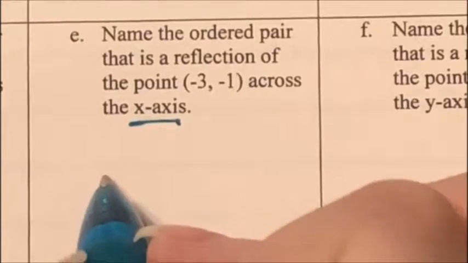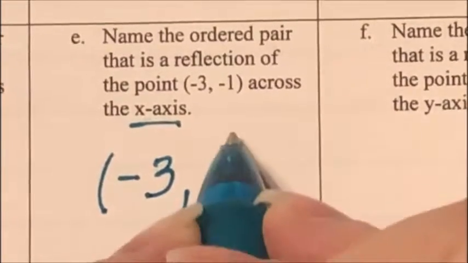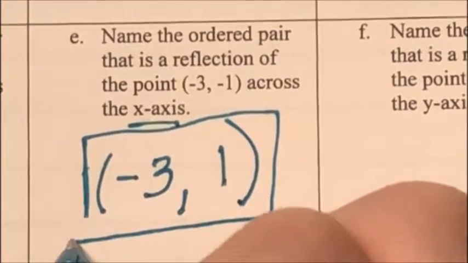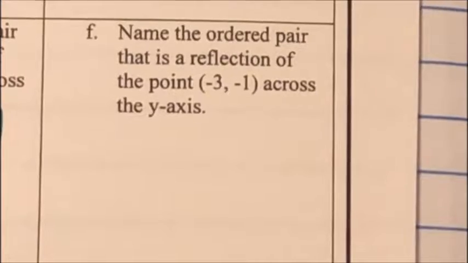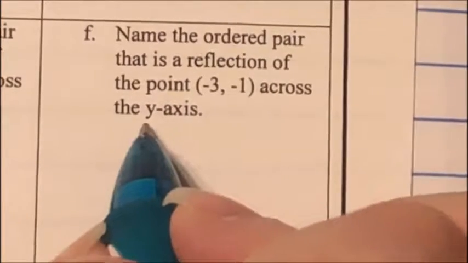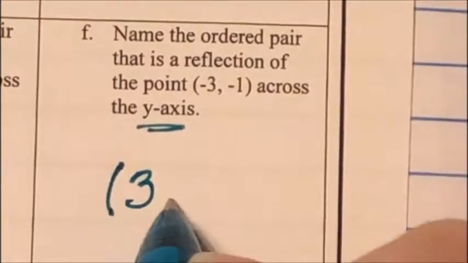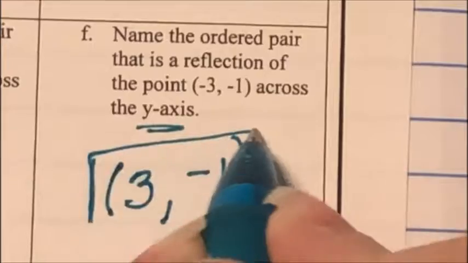So again, x-axis, so that means my x stays the same, and my y is the opposite. So I have (-3, 1). Letter F says name the ordered pair that is a reflection of the point (-3, -1) across the y-axis. So now my x value changes, it's the opposite, and my y value stays the same. So I get (3, -1).